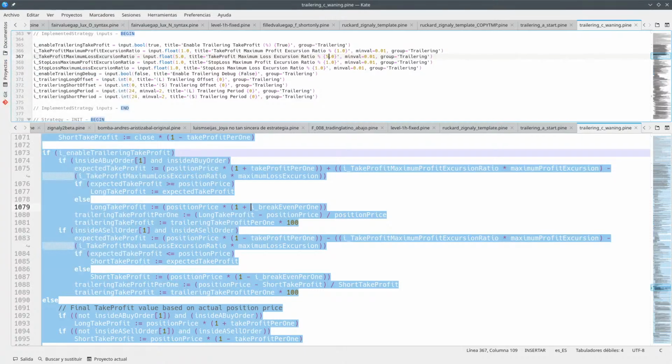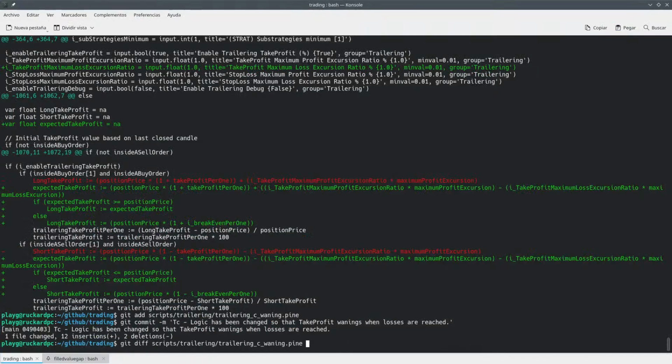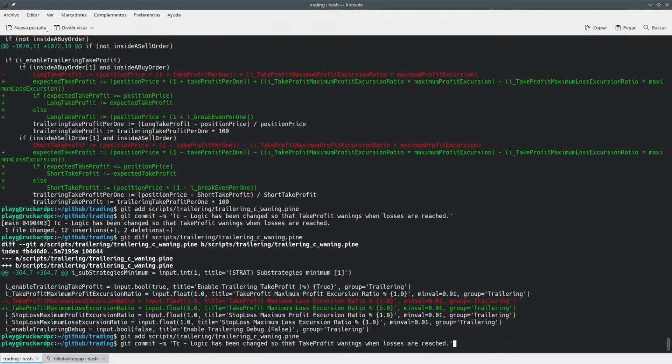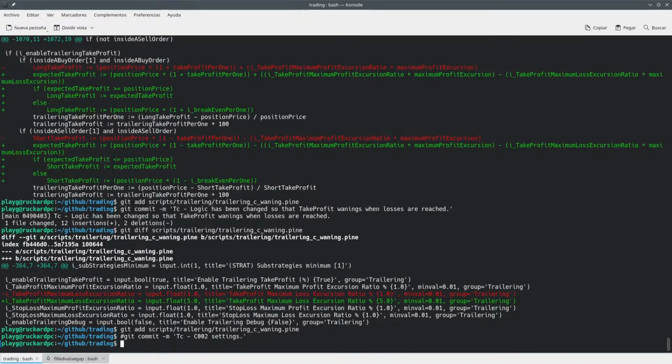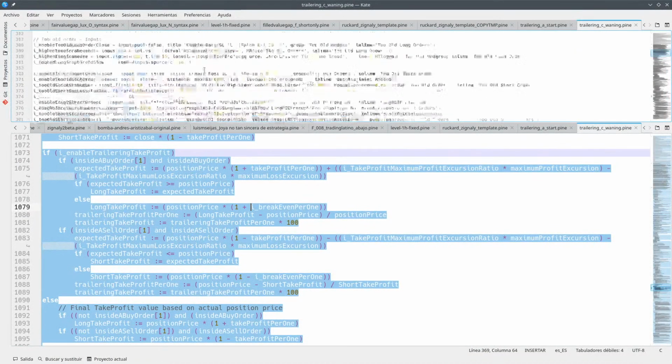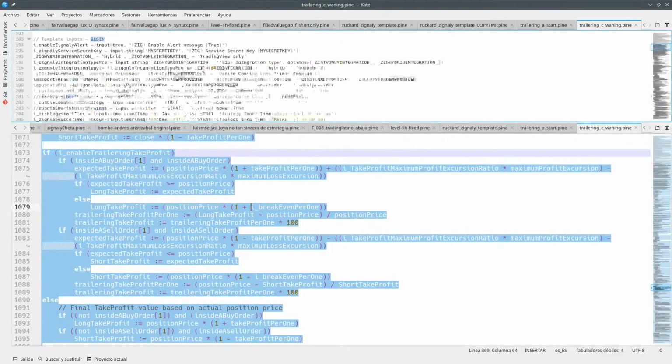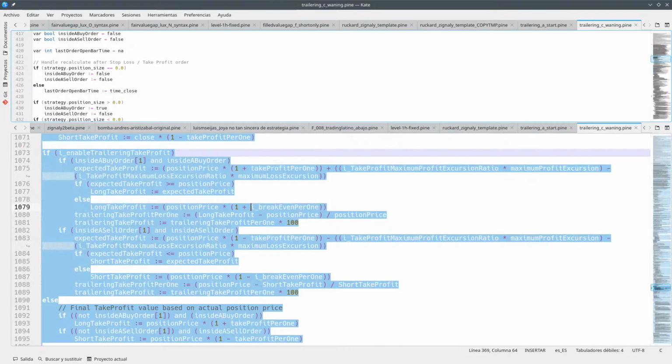Okay, so now we should be able to change this. So this is like C2 settings, because we have not C2 yet, I think. What do we have here? Is it C2 or not? No, so this is going to be C2 settings.